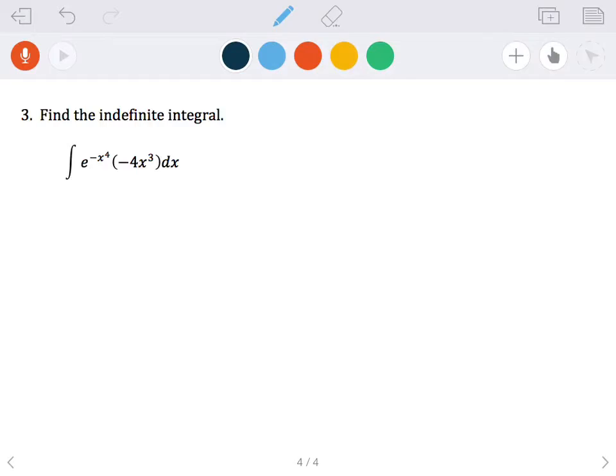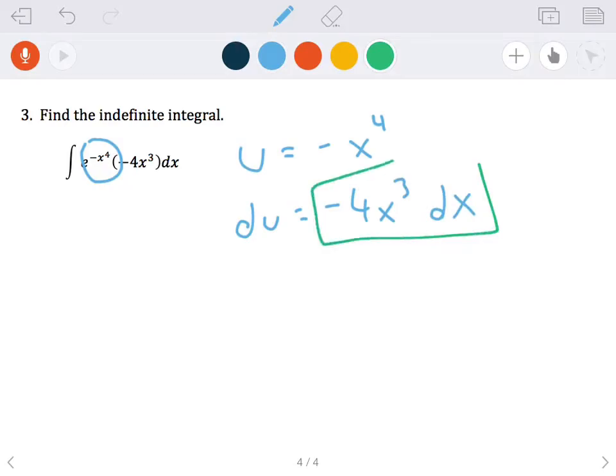To integrate an exponential function, it almost always works to set your exponent equal to u. So I'm going to do that. I'm going to say u equals negative x to the 4th. du then is negative 4x cubed dx. And it's not a coincidence that this is right here.